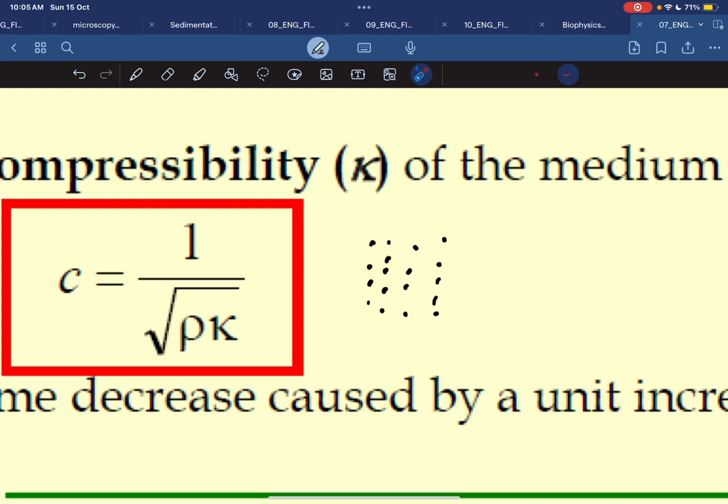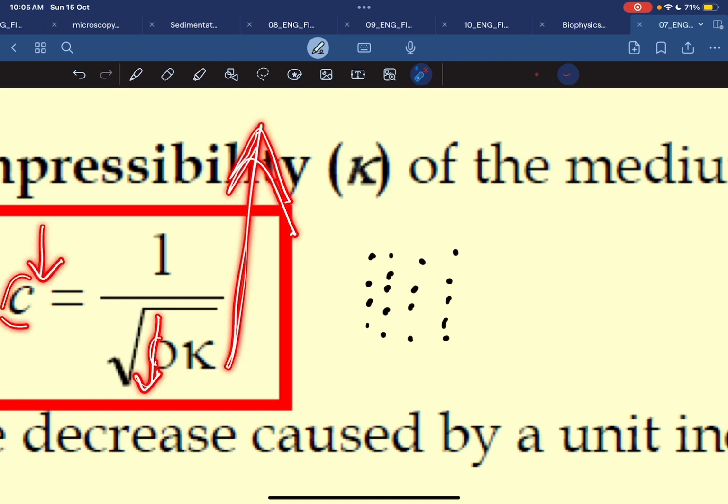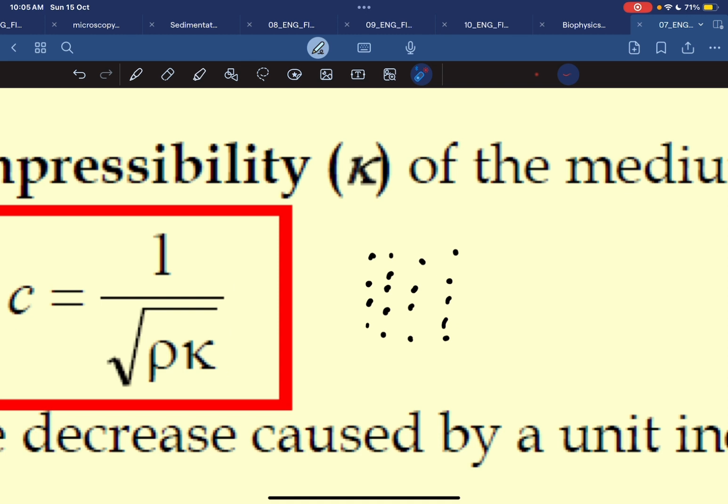So now our compressibility goes through the roof while our density is low. This increase is so much bigger than this that ultimately it results in a slower speed of sound, even though we have low density.